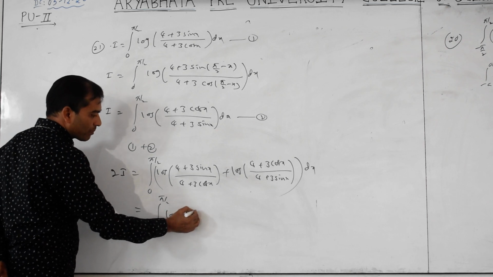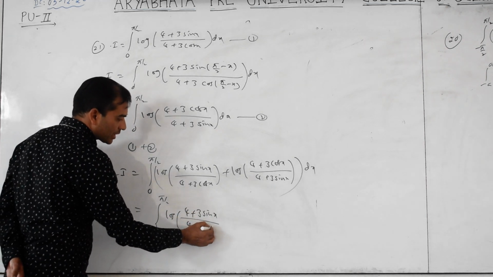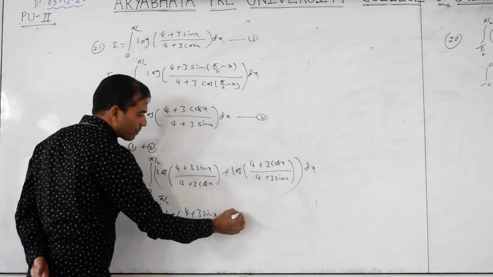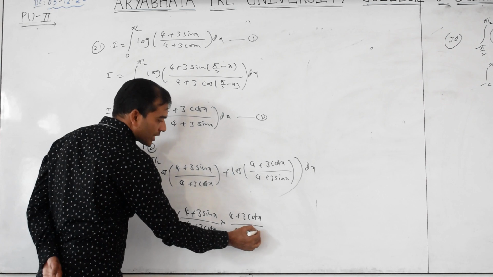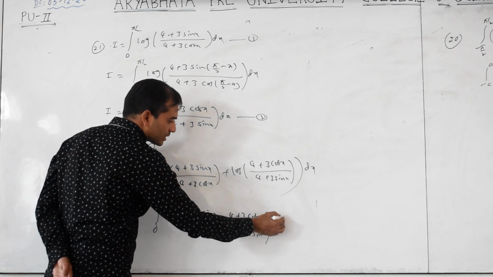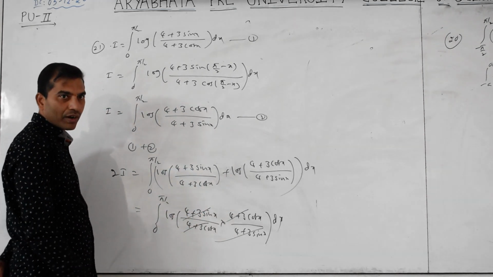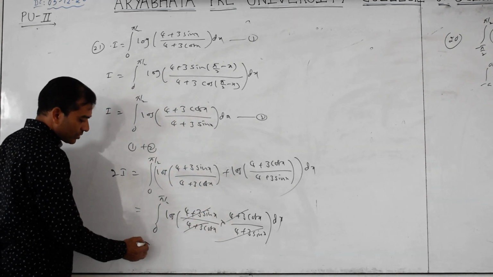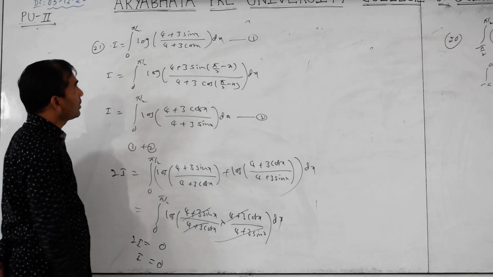So log of (4 plus 3 sin x) by (4 plus 3 cos x) into (4 plus 3 cos x) by (4 plus 3 sin x) dx. This gets cancelled, meaning log 1. Log 1 is 0, so 2I equals 0. Therefore I is equal to 0.